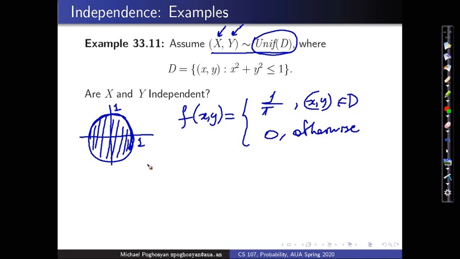Now, next I'm calculating the marginal of x. So I'm integrating from minus infinity to plus infinity f(x,y) dy, integrating out the other coordinate y. So I want to have the coordinate x for my distribution of x. Okay, so again I need to consider cases.